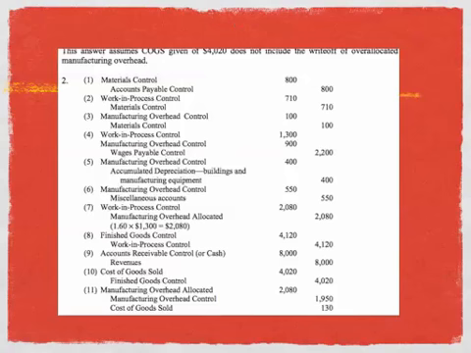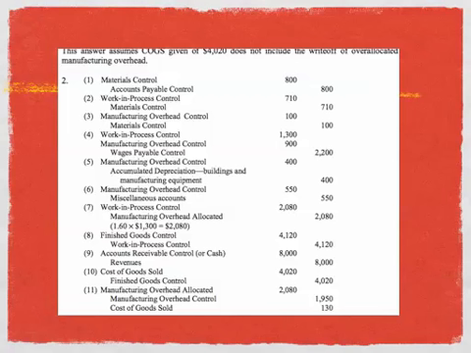From there, the next part says prepare the journal entries to summarize the transactions. So here you see each of the journal entries, and I did omit the explanation. Once we have those journal entries done, then you could actually go forward and post the T accounts, which I did not do. From this, you can see, for instance, direct materials and supplies were purchased on credit.